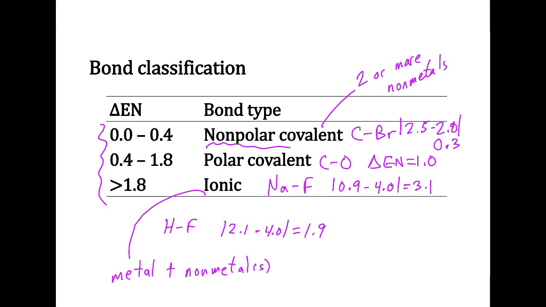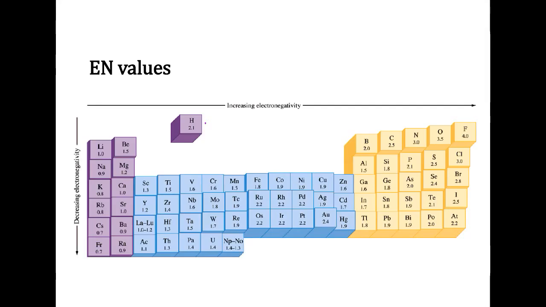If we look at hydrogen fluoride, hydrogen is a nonmetal and so is fluorine. If we're using electronegativities, we would classify this as an ionic bond, but using our chemical intuition, we would classify this as a very polar covalent bond.